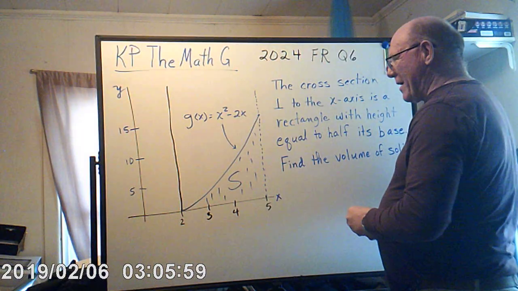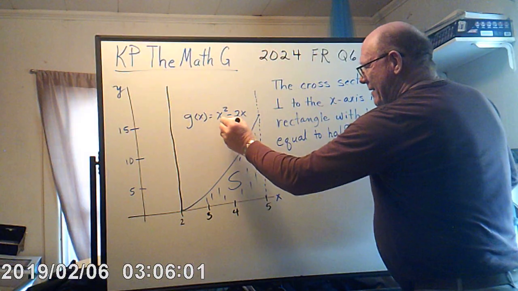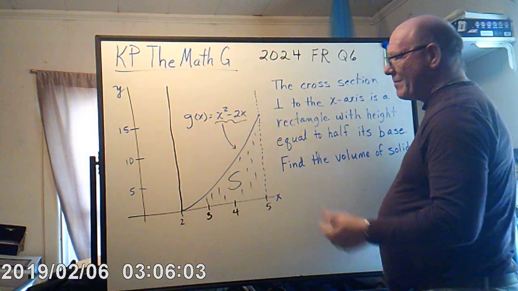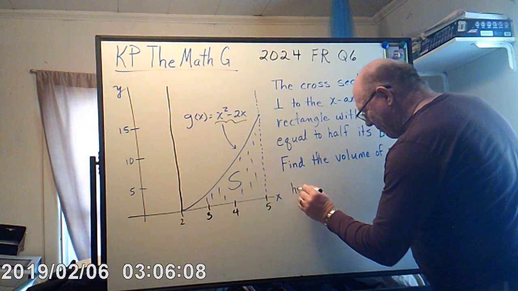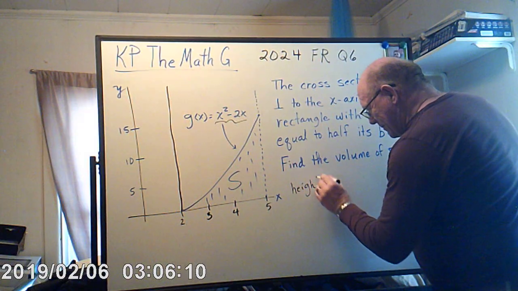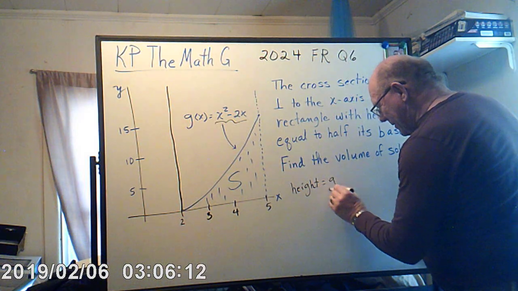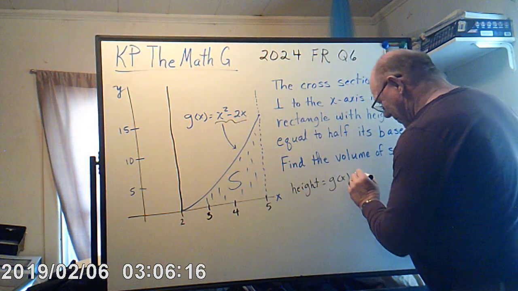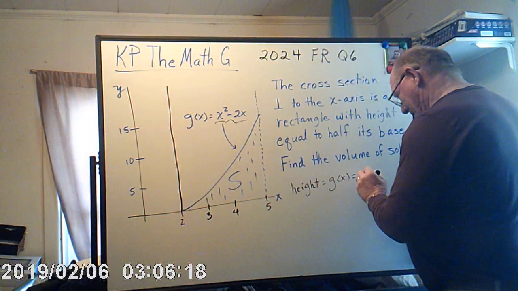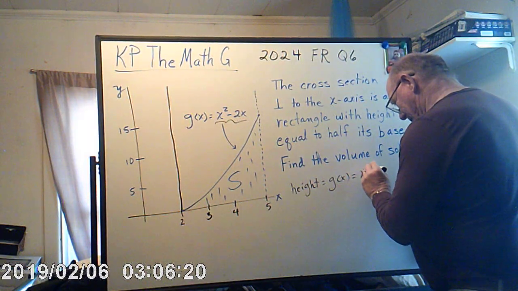So the height is actually, you learn very quickly, just g at x, which is equal to x squared minus 2x.